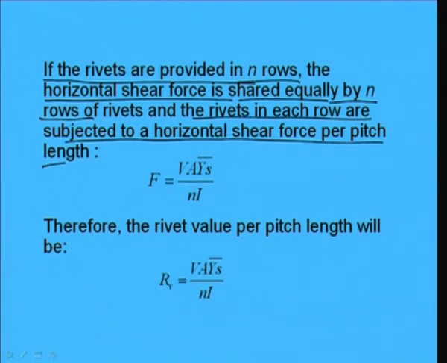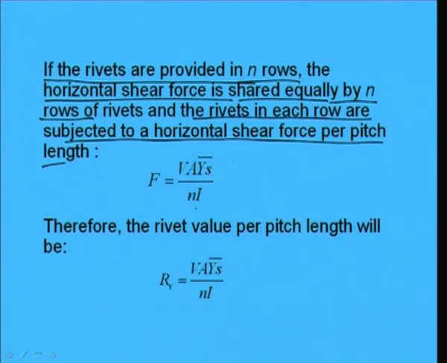That means F will become total by n, because n rows of rivets are there. So, shear force is going to distribute to that n number of rows. So, finally, F is going to become V A y bar S by n into I.